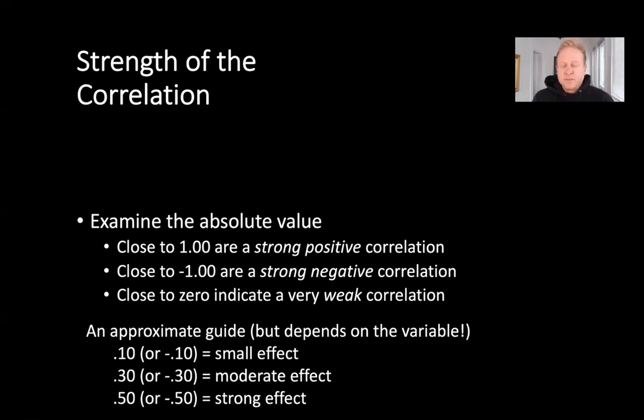A small effect would be 0.1, a moderate effect would be, let's say, 0.3, and a strong effect would be something like 0.5. We'll be taking a look at some specific examples, so the 0.1, 0.3, 0.5 will make more sense to you. But you see the 0.1 is close to 0. The 0.5 is getting closer to that 1, but like 0.9 would be really big.